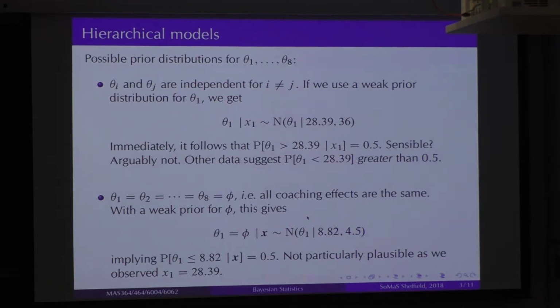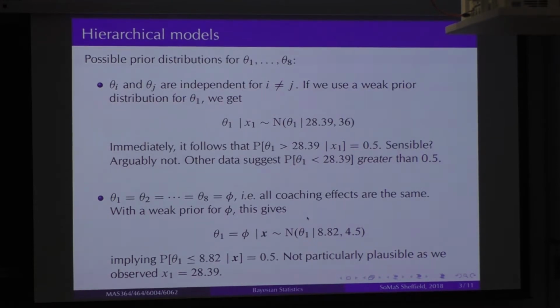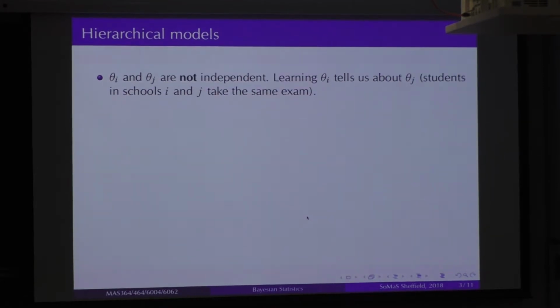So what we need, or what would be useful in this case, would be an intermediate approach. Okay? If we think about the experiment or this data collection, we have the same test, so these results are related somehow. Students are studying the same subject, but we have different or slightly different coaching styles in each school, and each school has different kinds of students probably. So what we can think of is that these effects will not be independent, right?